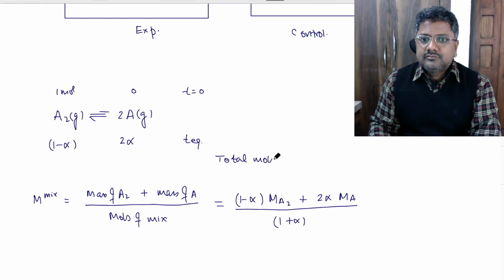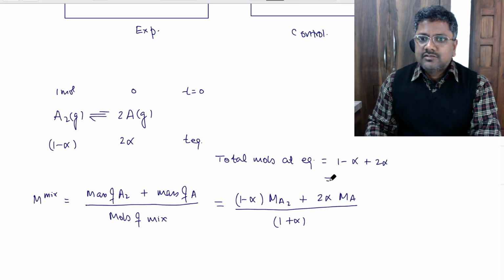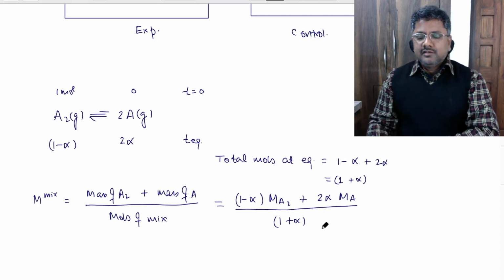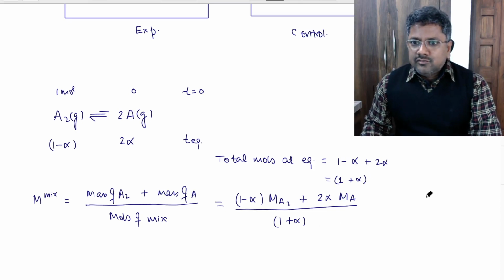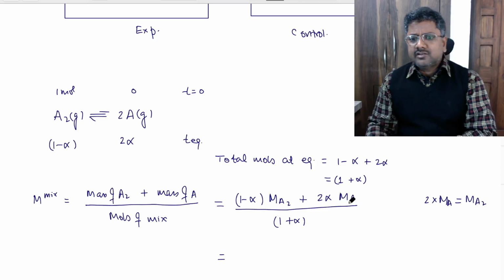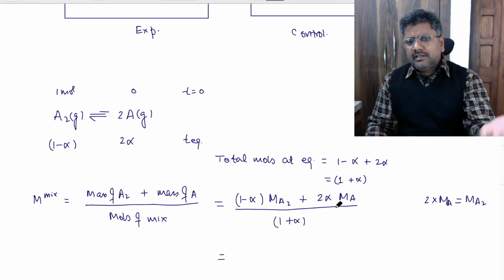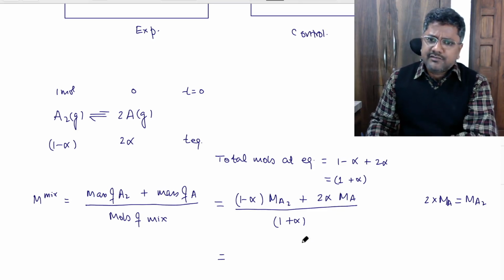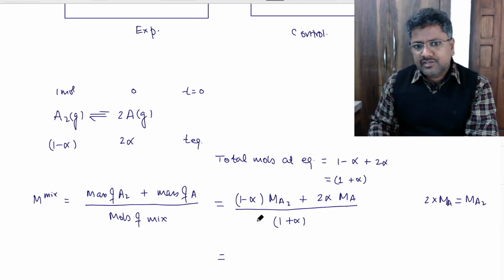Moles at equilibrium is equal to 1 minus alpha plus 2 alpha. So this is equal to 1 plus alpha, right? So here 2 into MA is equal to, you can write MA2. So for simplification, if it is not same, then leave that. You can use this equation as well simultaneously.